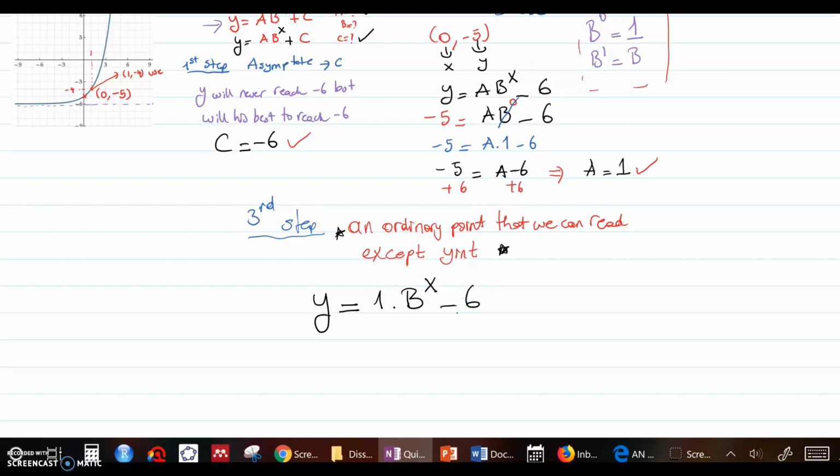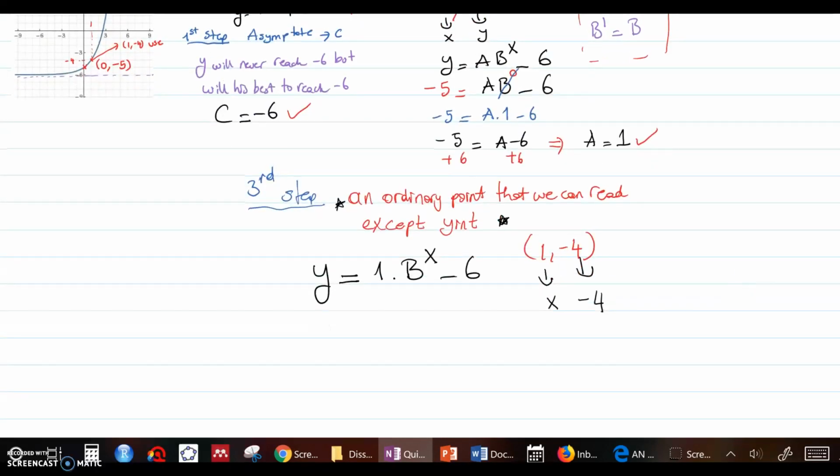And the point we decided to use was 1, -4. What does that mean? Every x value, I'm going to plug in 1. Every y value, I'm going to plug in -4. So -4 for y. B, I don't know. I will try to find it out. X will be 1 and -6.